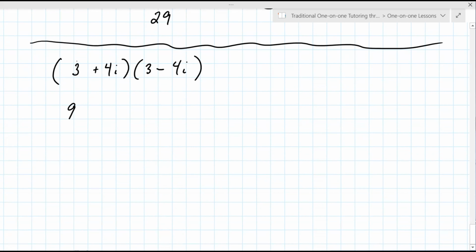Okay, then you do the outer. 3 times -4i is minus 12i. Then the inner is 4i times 3, which is, again, 12i. And then the last is 4i times -4i, minus 16i squared.